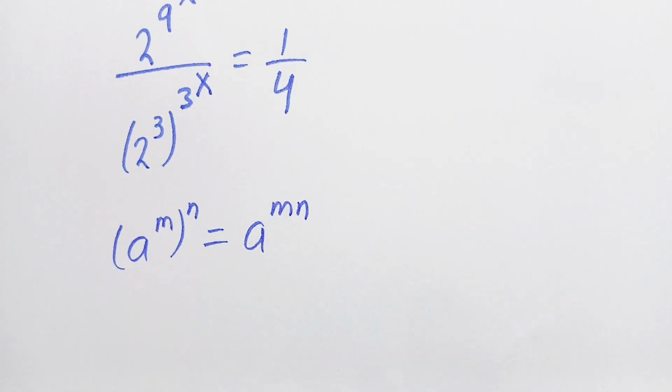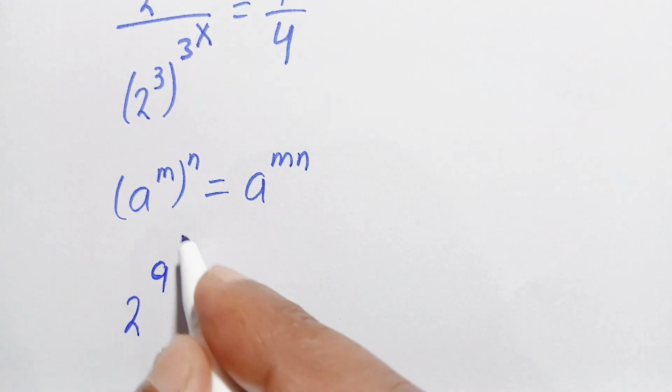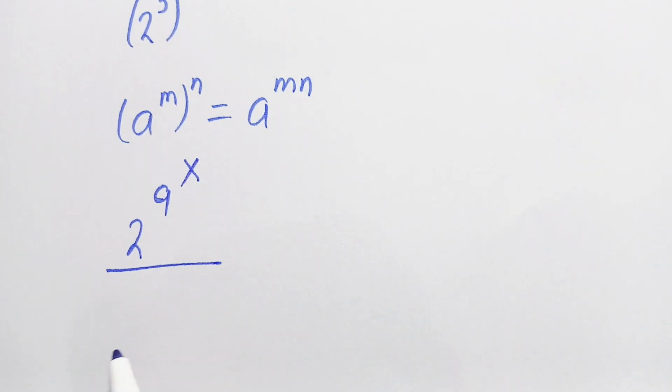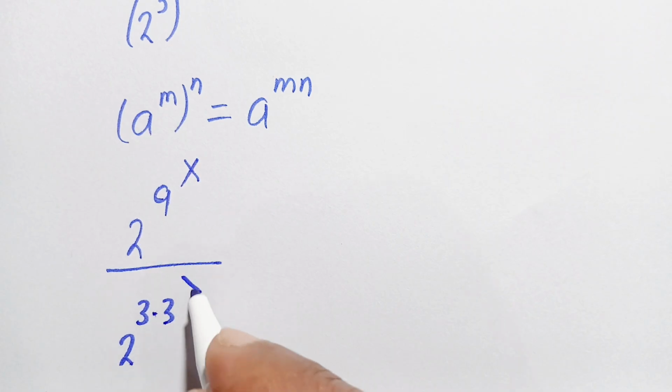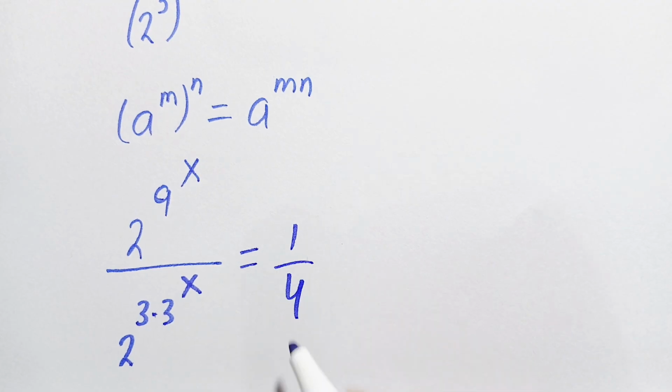this becomes 2^(9^x) over 2^(3 into 3^x) is equal to 1 by 4.